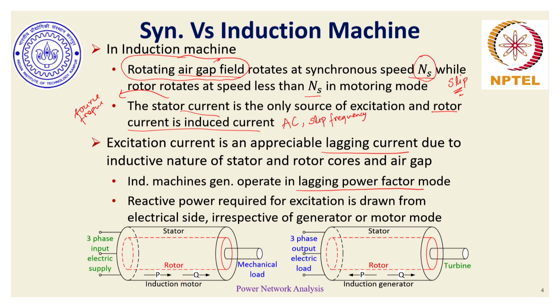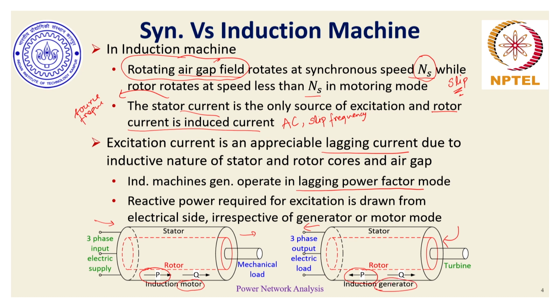A motor is any electrical machine which converts electrical input to mechanical output, and that decides the direction of real power flow, whereas a generator is a machine which converts the mechanical input fed from the turbine into electrical power output, specifically in terms of real power. So that is the segregation between generator and motor.